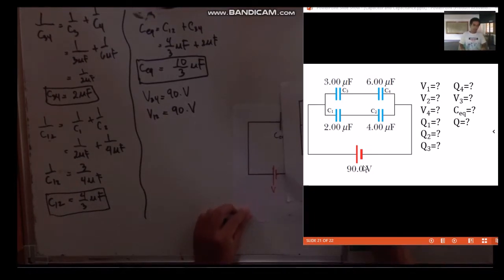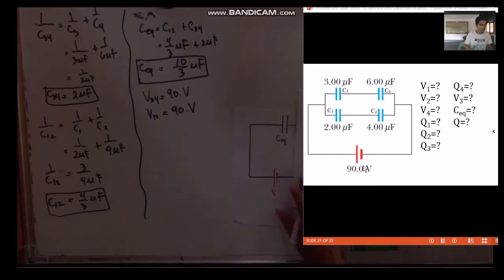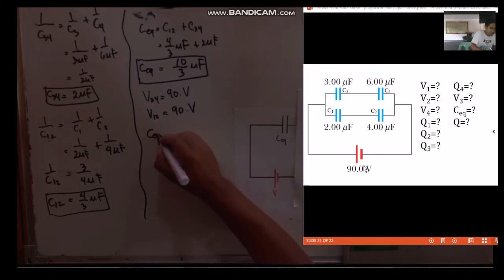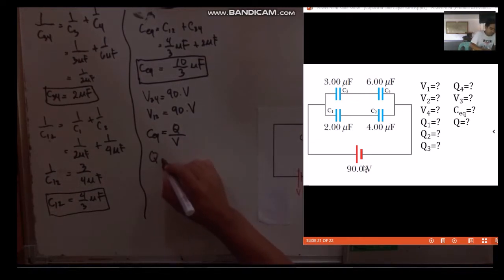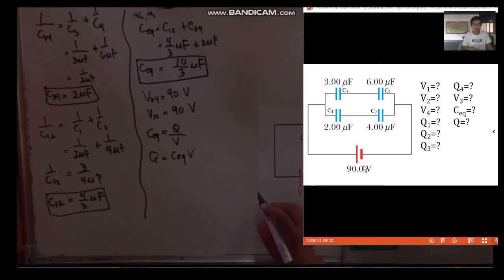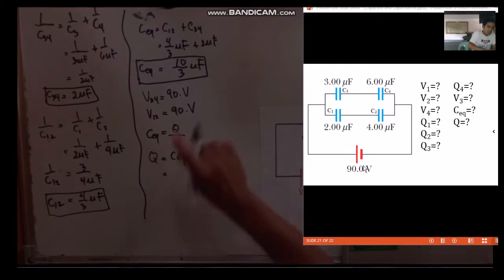So next is the charge, the total charge. Since equivalent capacitance is total charge over total voltage, the total charge must be equal to the equivalent capacitance times the total voltage. What's the total capacitance?